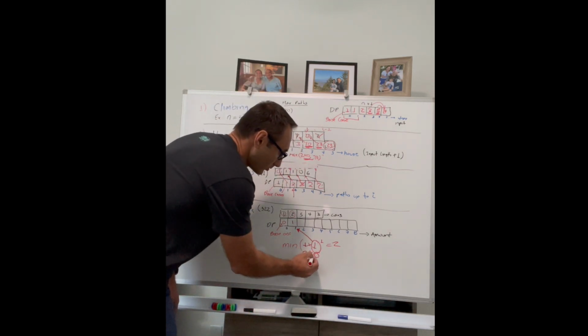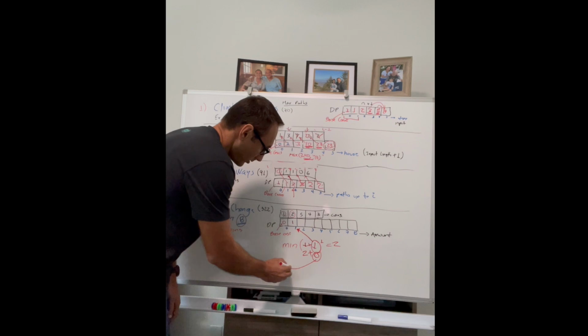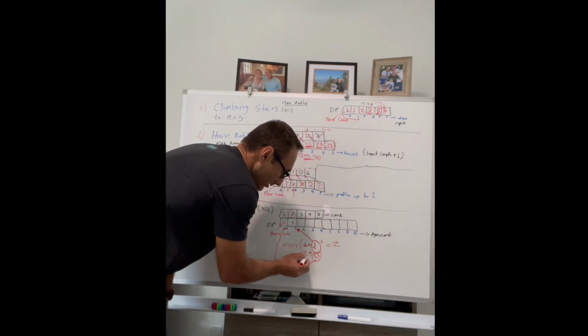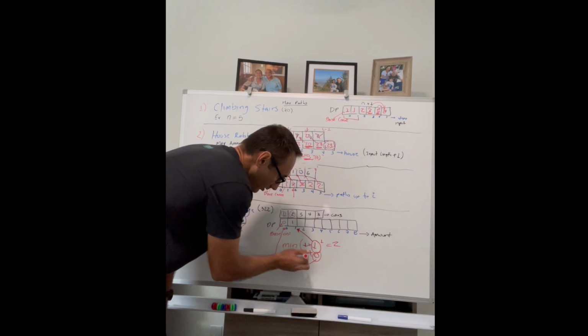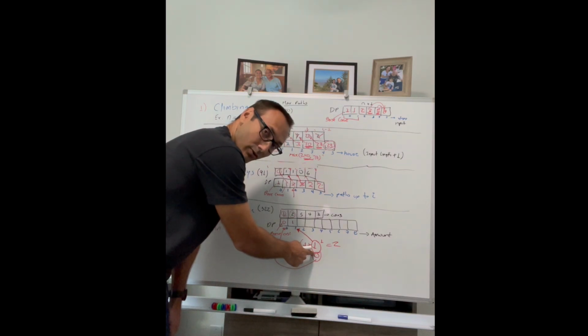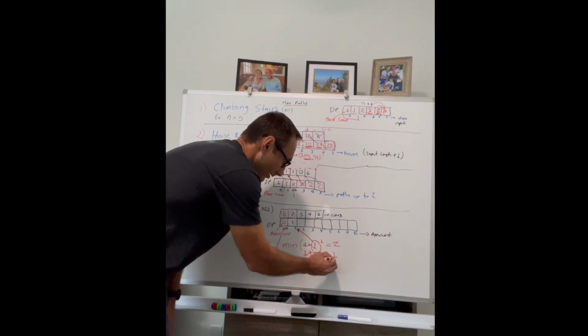And what is the solution for 0 coins? We already know that solution is 0. So that means here is 1 coin of $2 plus 0 coins, which is 1.